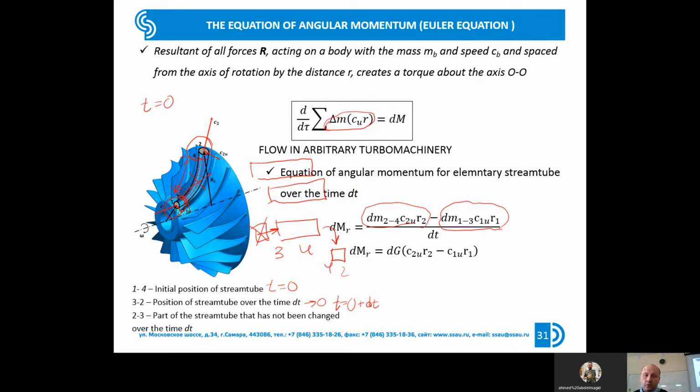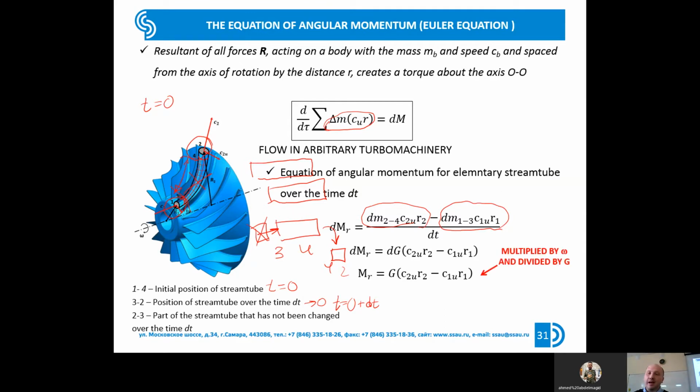So what we will do: we remember that mass divided by time is the mass flow rate. And that's why we replace dm over dt with the mass flow rate. After that, we go from differential equations to normal equations.